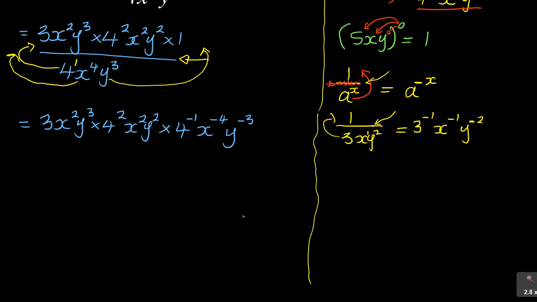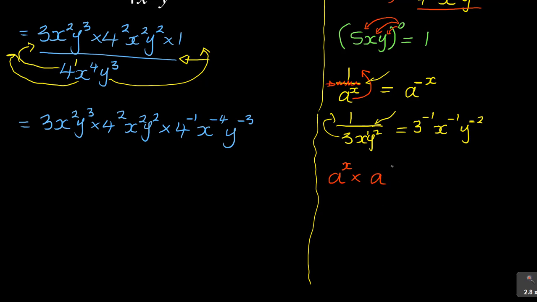Now when you have done that, everything is flat and it is multiplying. You can use the law for multiplication, which says a to the power of x times a to the power of y.